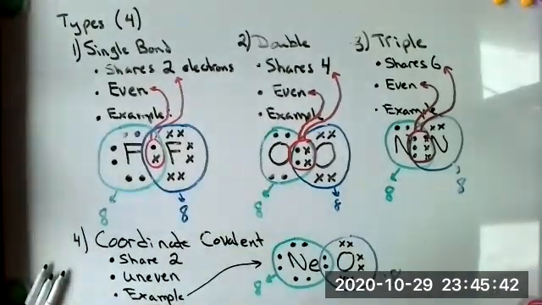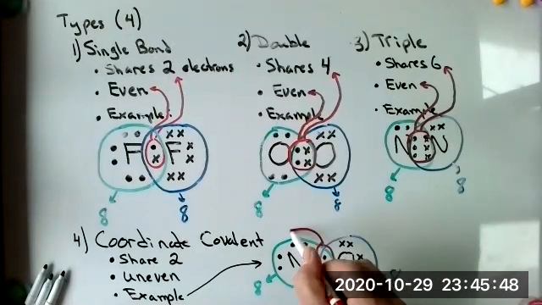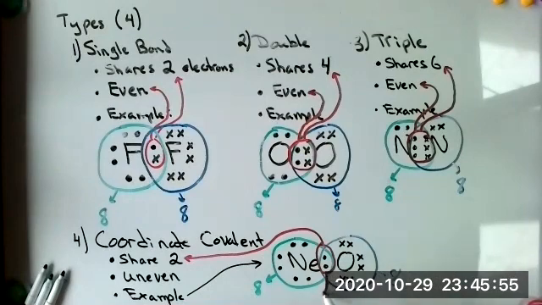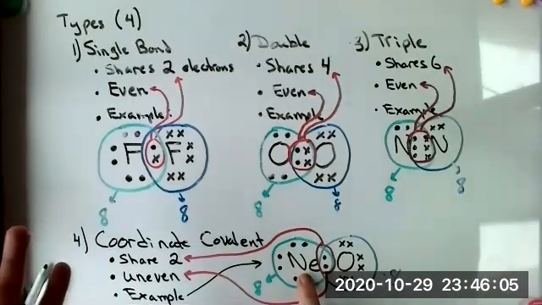And right in the middle, there it is. This right here is, yes, you're sharing 2 electrons, but it's not even at all. It's uneven. Because if you look inside, both of these valence electrons came from neon.